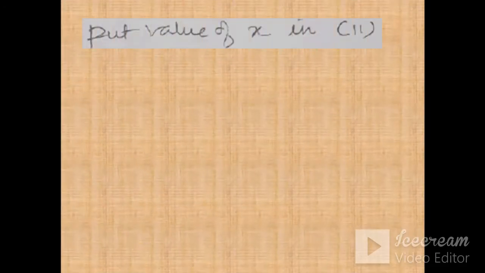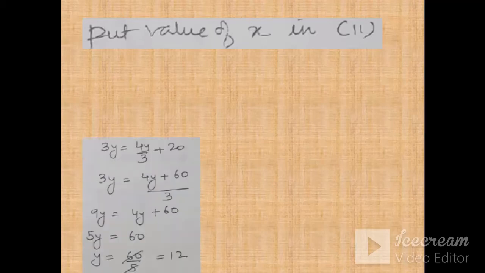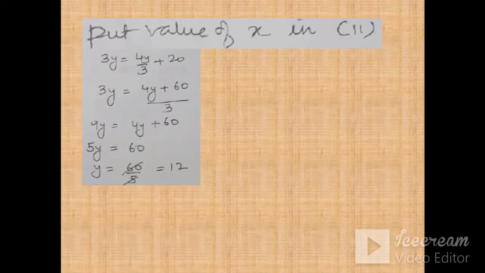Now what we are going to do, we will put the value of x in the second equation. So the value of x was 2y/3. Now the equation becomes 3y equal to 4y/3 plus 20. We will take the LCM as usual. Now you do the cross multiplication, it becomes 9y equal to 4y plus 60.